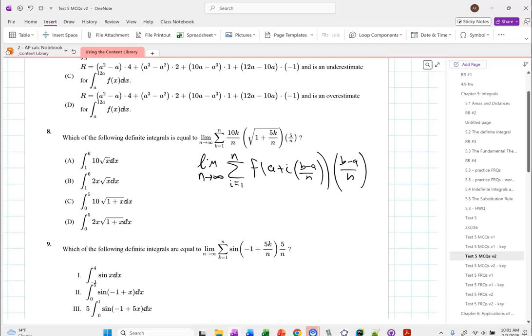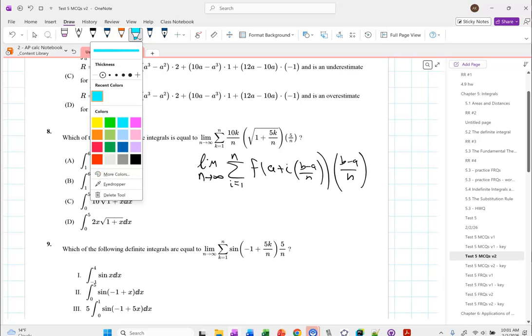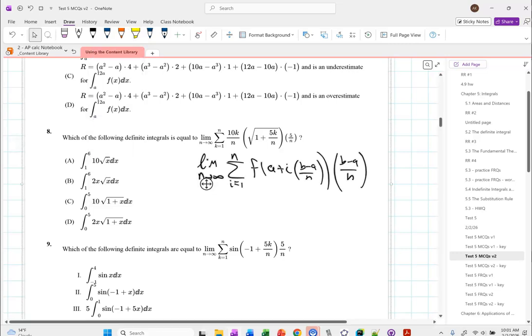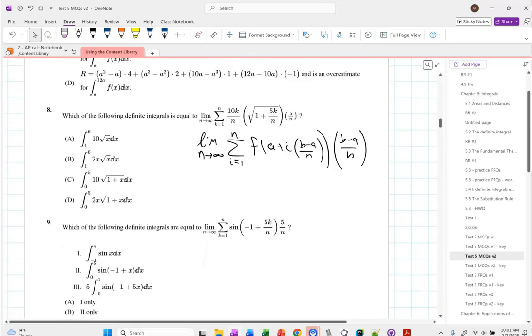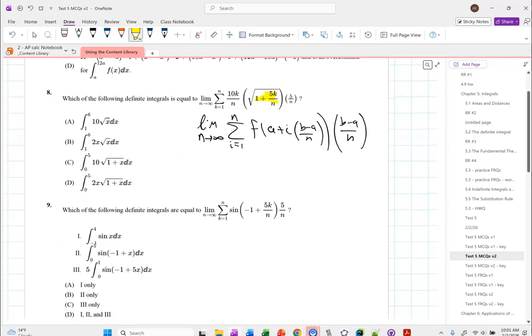I'm not going to have any xi's in here anymore, or delta x's. Is that okay with everybody? Okay. So when I look at this, this part that's underneath the radical looks like this part that must be inside the function. Is that okay with you guys?